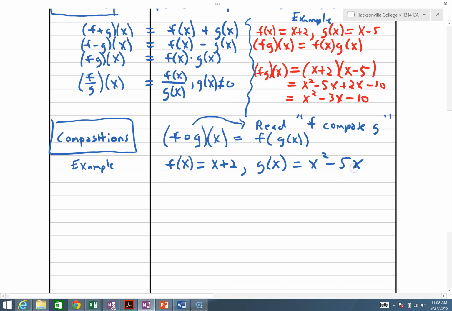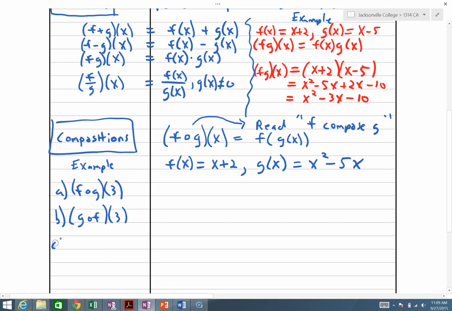I want to look at a couple of things. I want to know what is F of G of 3, and then B, I want to flip that. What is G of F of 3?